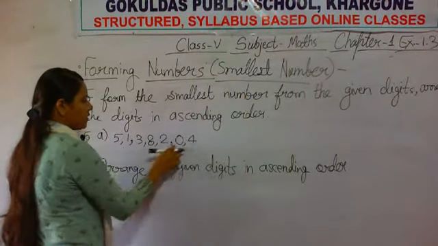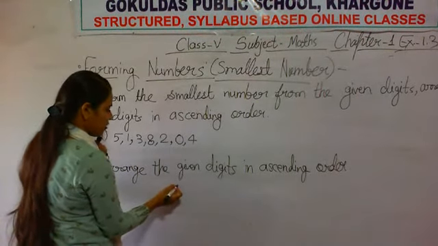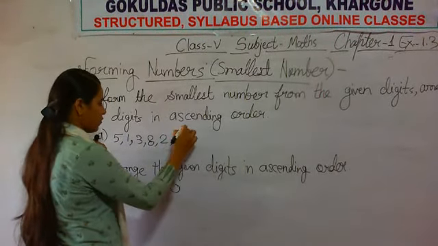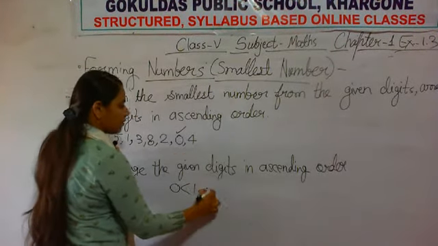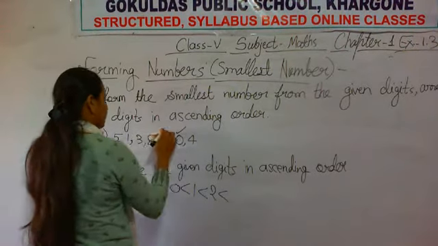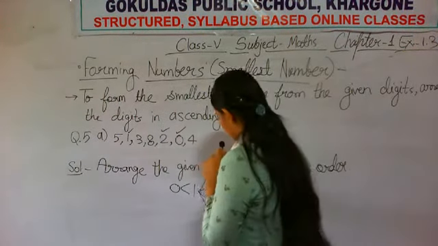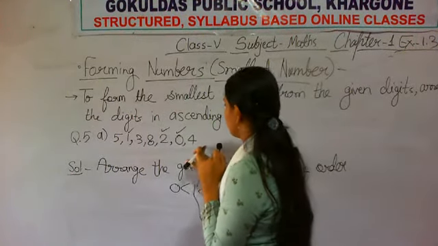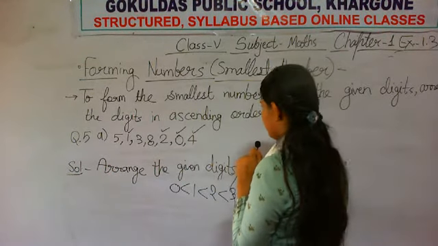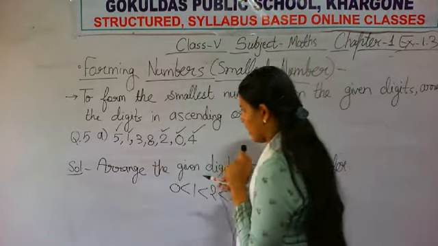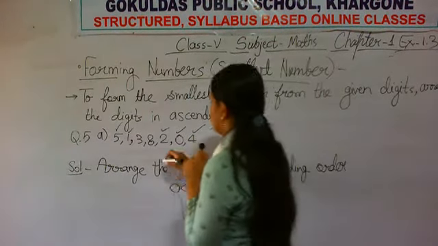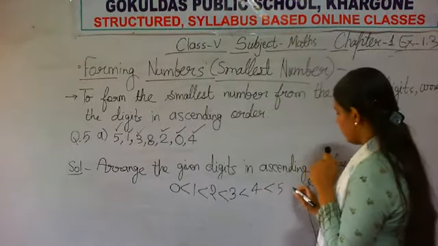Which is the smallest out of the given digits? 0 is the smallest, so 0 comes first. Then 1. Then 2. Then 3. Then 4. Then 5. Then lastly 8 will come.